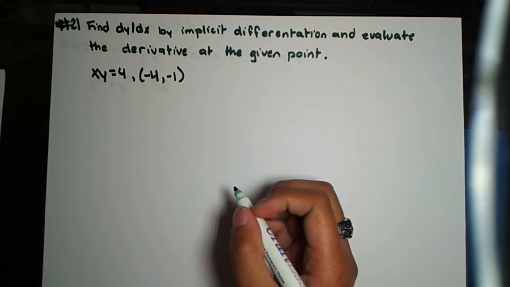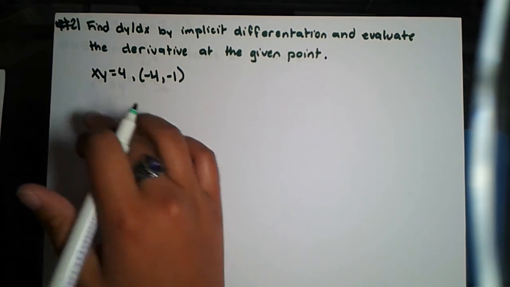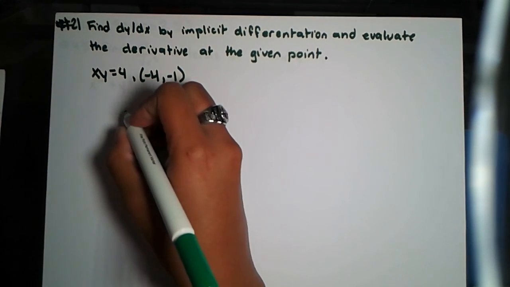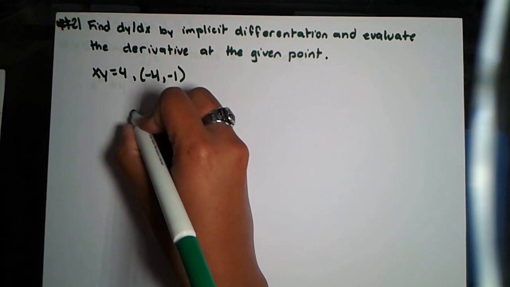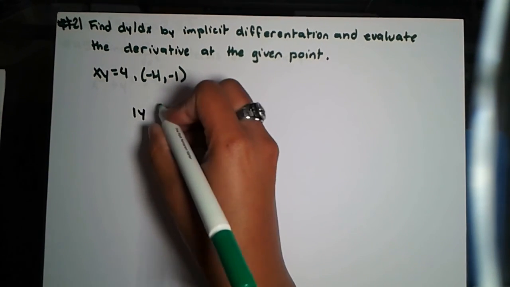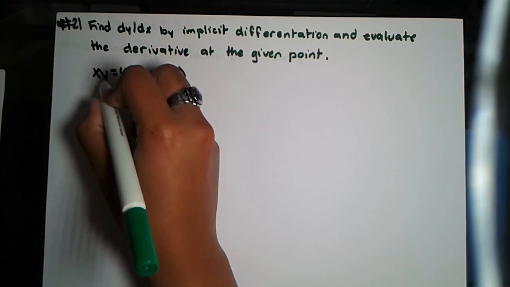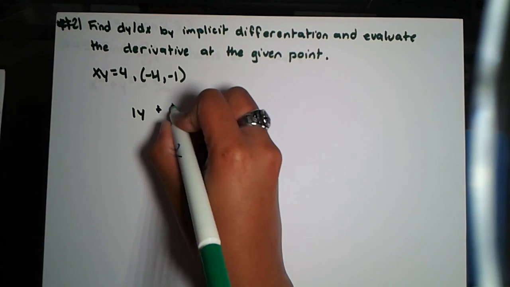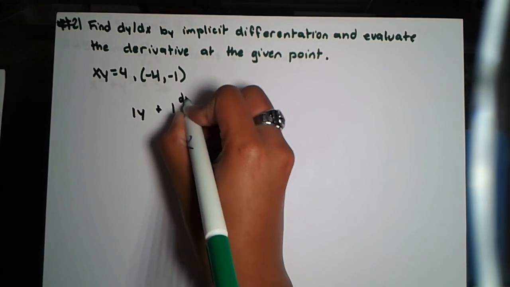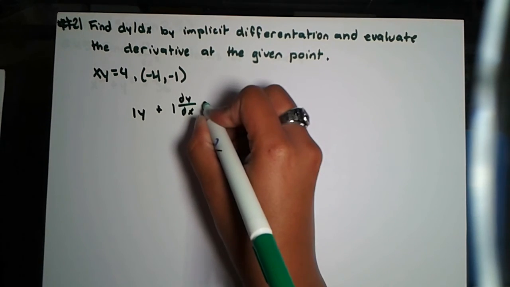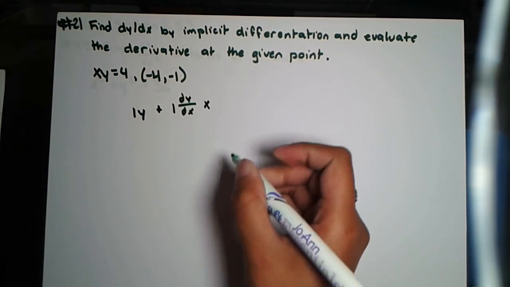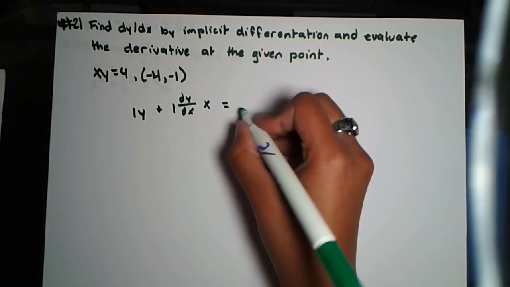So the first thing we have to do is differentiate the equation. The derivative of x is 1 times y, plus the derivative of y is 1 dy/dx times x, equals the derivative of 4, which is 0.